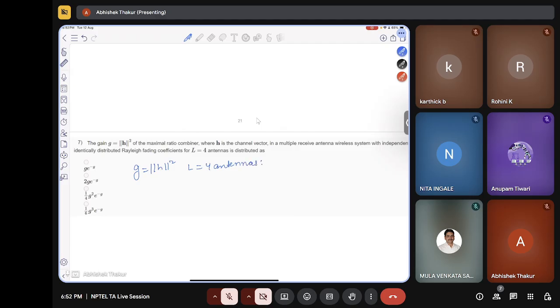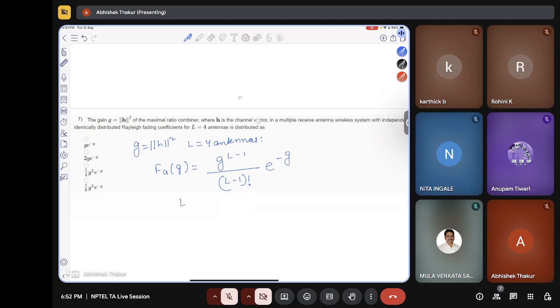So the distribution function of G is given as g to the power of L minus 1 divided by L minus 1 factorial e to the power of minus g.